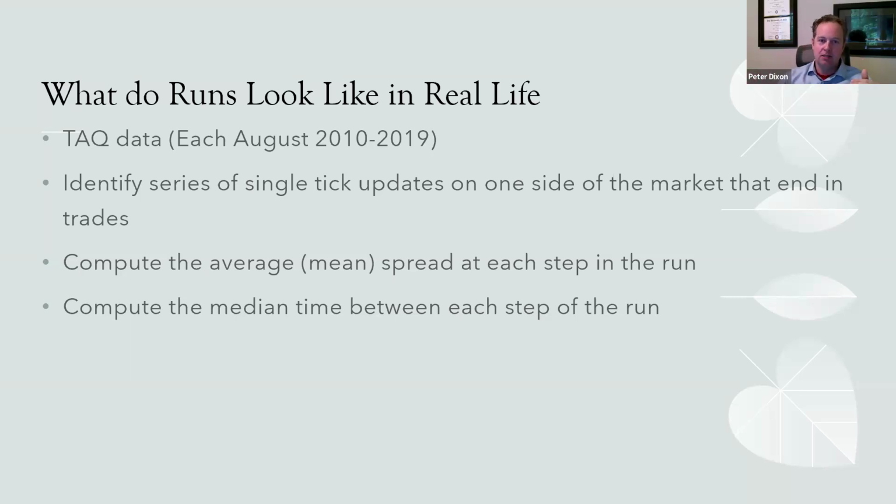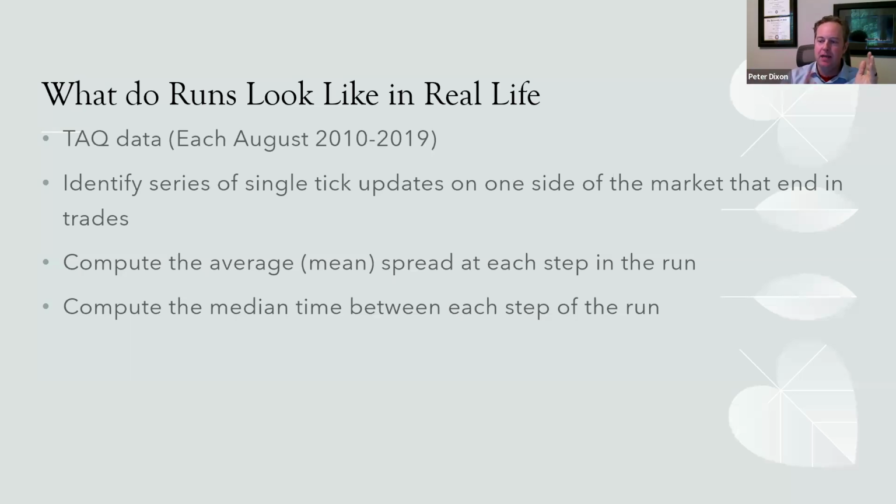We're going to merge in the trades, and then highlight the ones where a series of single tick updates is followed immediately by a trade as the next thing that occurs in the data. Then we compute the mean spread at each point in the run, and the median time between each step in the run.